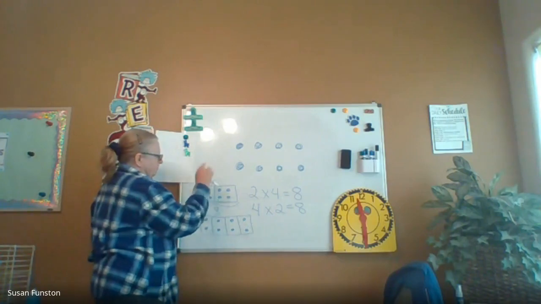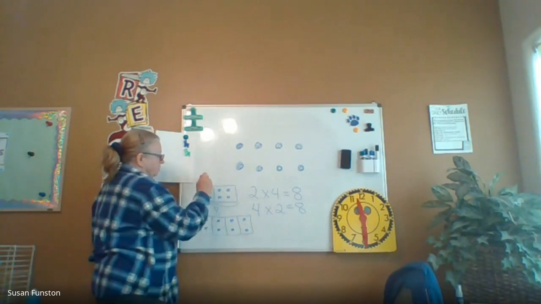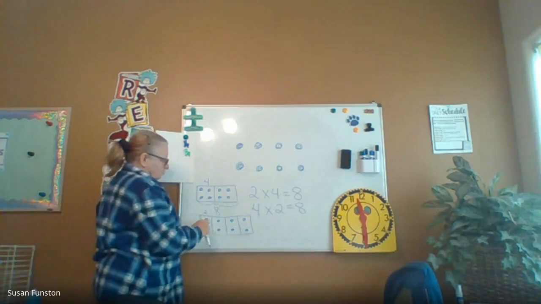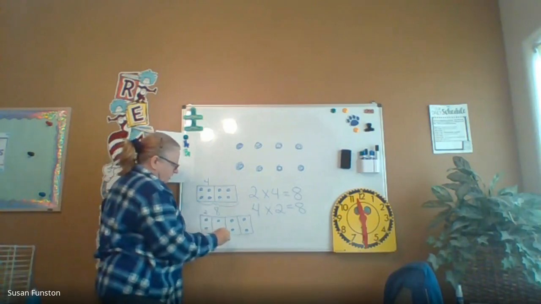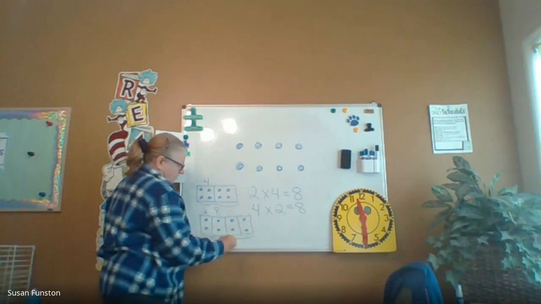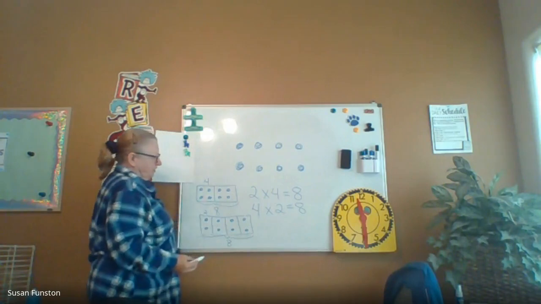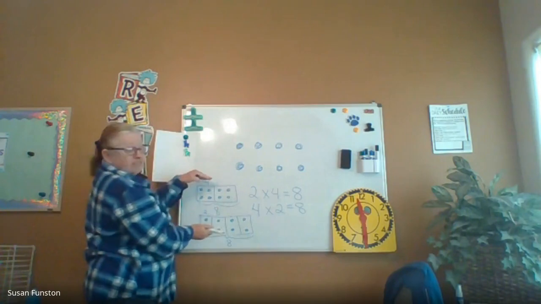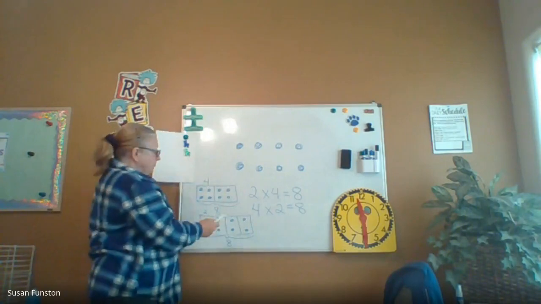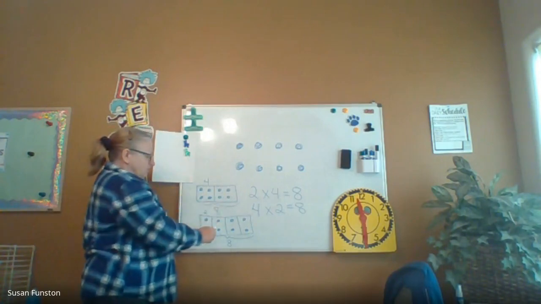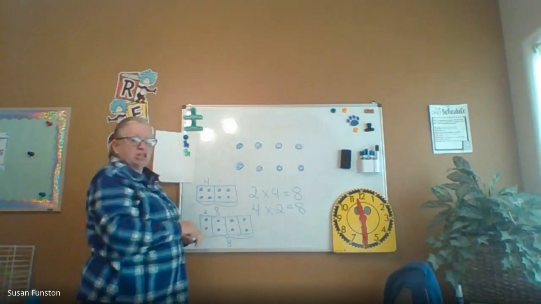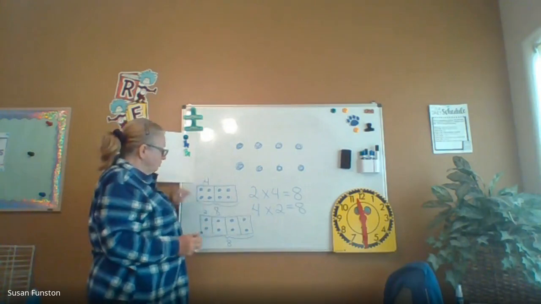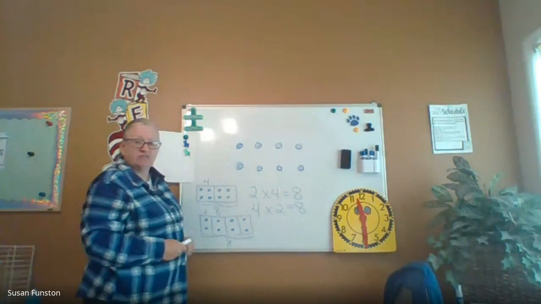Oh, I made a mistake up here. 4. Sorry about that. 2, and we still have a total of 8. Okay, so we can flip our array. We can't really flip our tape diagrams because we made them differently. This one had 2 sections, while this one had 4 sections. 2 sections of 4, 4 sections of 2.